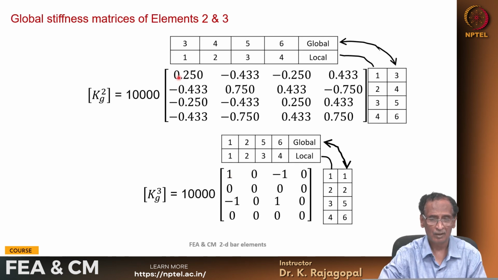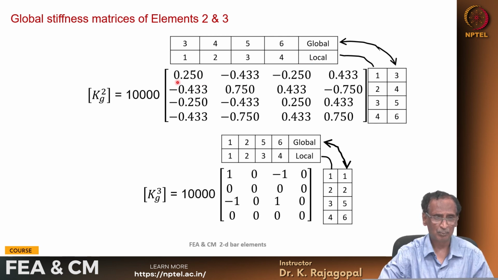Then for element 2, we have the global degrees of freedom 3, 4, 5, 6, and 1, 2, 3, 4 are the local degrees of freedom.